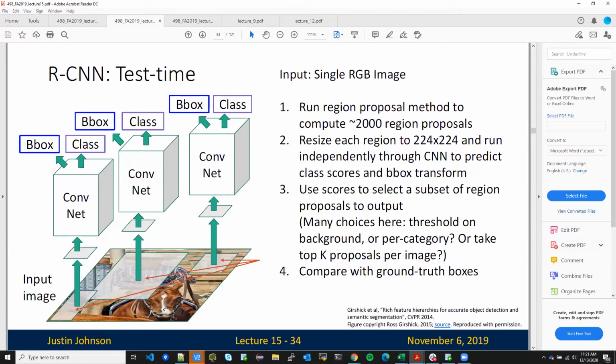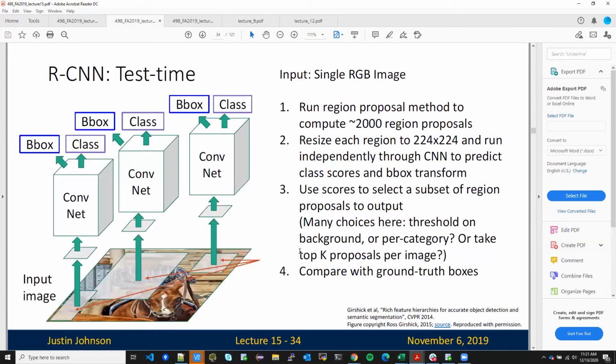Now, one problem compared to classification, where we just asked whether we got the correct category or not: now we also have the bounding box, and we need to see how well we did.